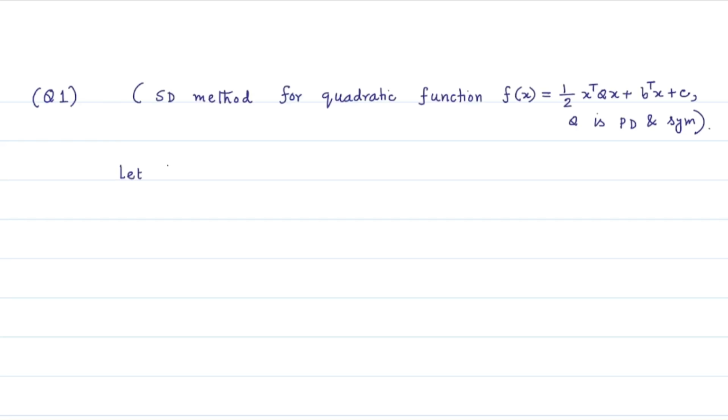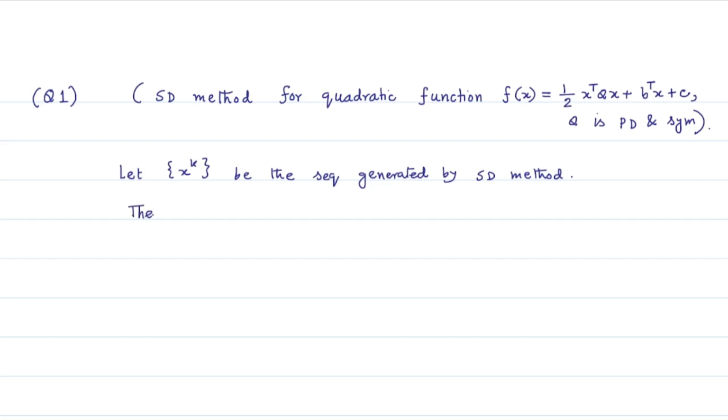The first question that I would like to give is on the steepest descent method for a quadratic function. Let us suppose xk is the sequence generated by the steepest descent method for the function f.